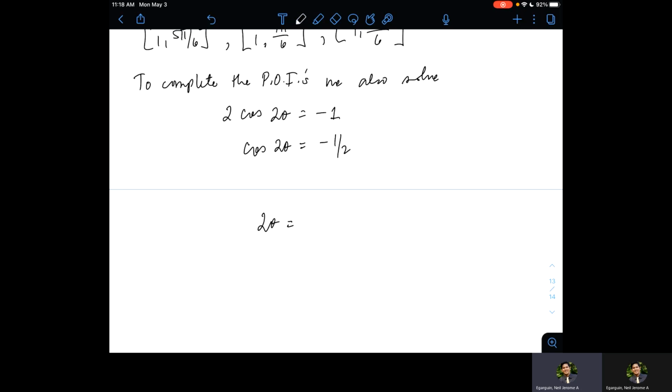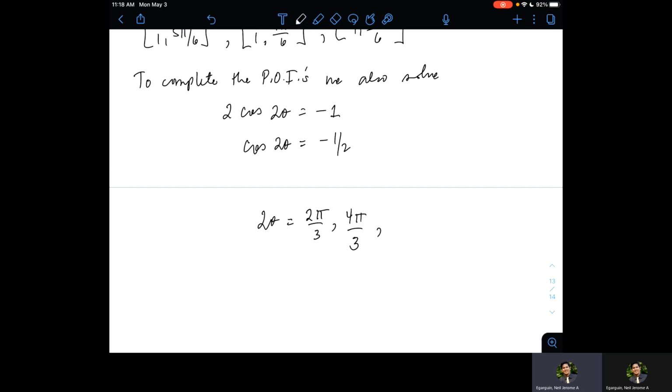So the first would be in the second quadrant. We'll have 2 pi over 3. Then another one in the third quadrant, that's 4 pi over 3. And since we're looking for 2 theta, we need to take another revolution, which means adding 2 pi to these two we already found.